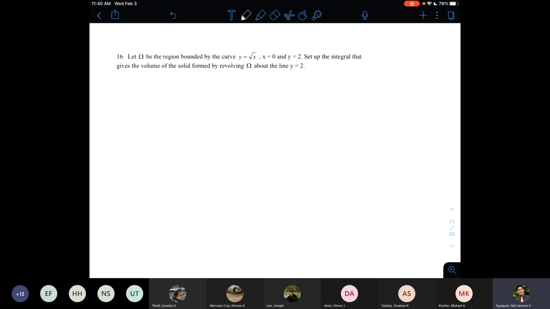So problem 16. So here we have omega to be the region. Oh, before going to that, nice question from Usosa. When should you do a y or an x integral? Well, it is always if you have a horizontal strip. Horizontal strips will require a y integral. Vertical strips require an x integral.